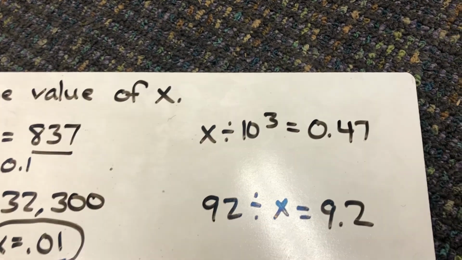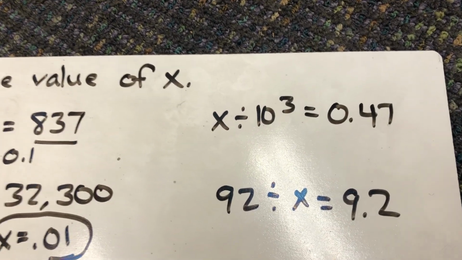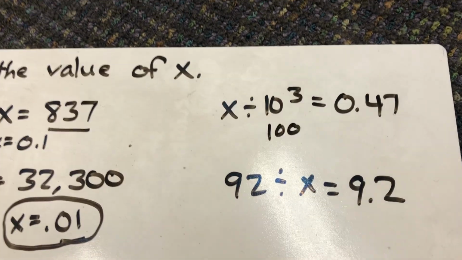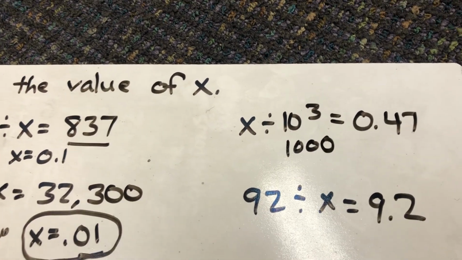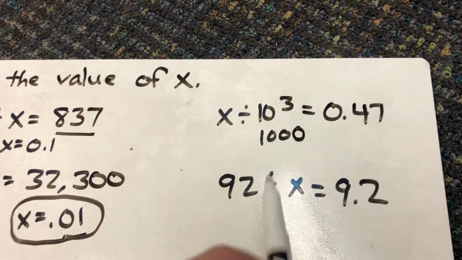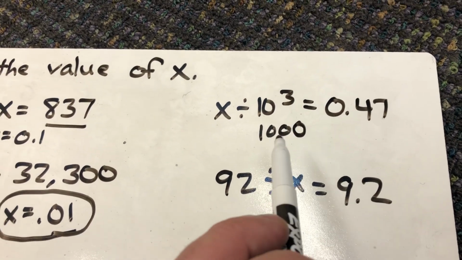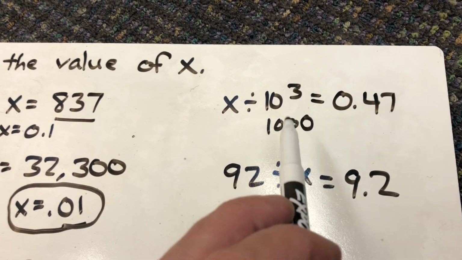All right, moving right along, x divided by 10 to the power of 3 equals 0 and 47 hundredths. Well, we know that 10 to the power of 3 is 1,000, a 1 with 3 zeros after it. Now this is bigger than 1, so I moved this number 3 places to the left.